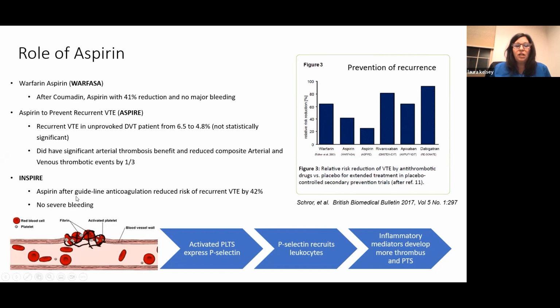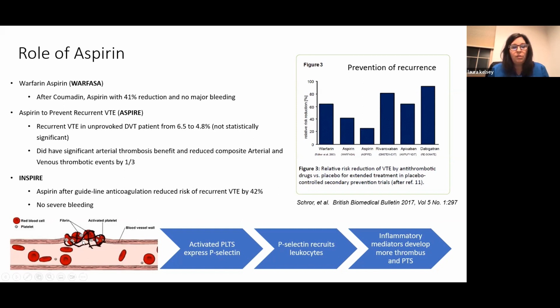The INSPIRE analysis, again, looked at aspirin after regular guideline anticoagulation and showed a reduced risk by 42%. So I do think there's a role for aspirin, but again, if we're looking at that unprovoked DVT patient population, I think all this information is kind of pushing us towards the DOACs long-term, at least the lower dose.